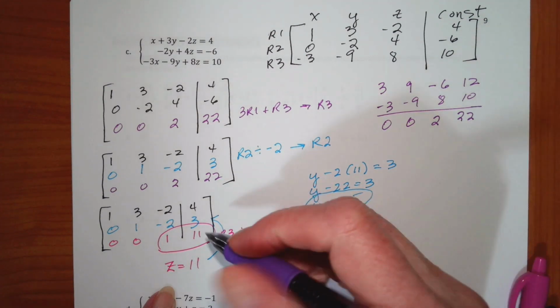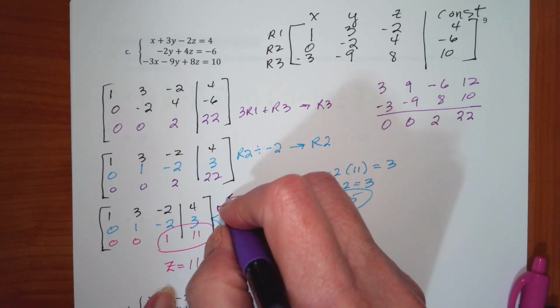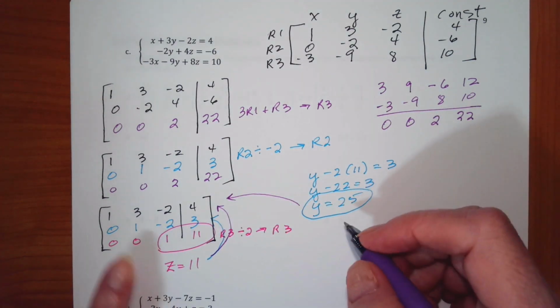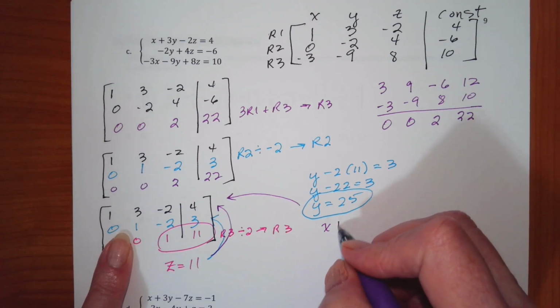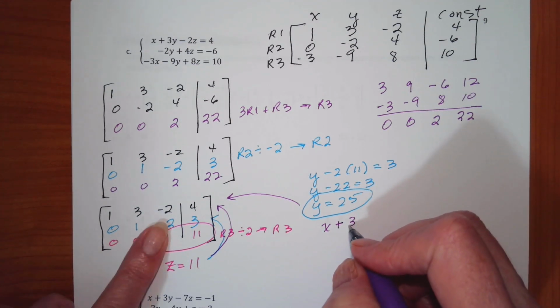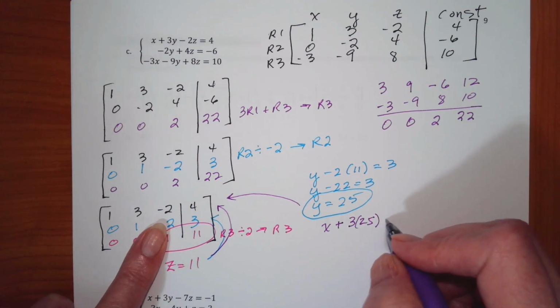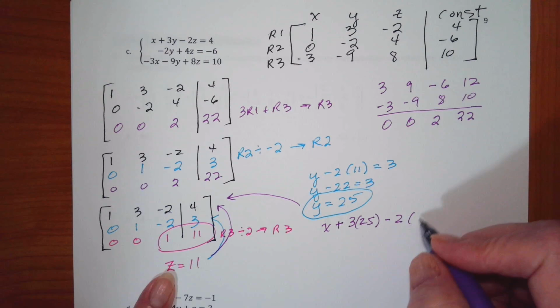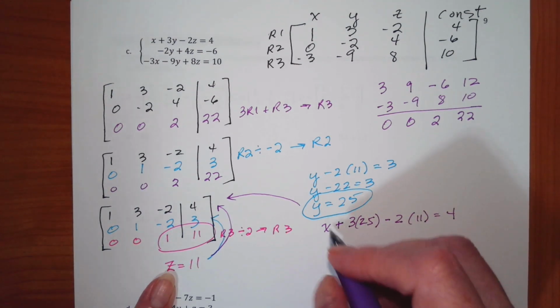Then I'm going to take my z and my y, and that's going to tell me that x plus 3 times y minus 2 times z is equal to 4.